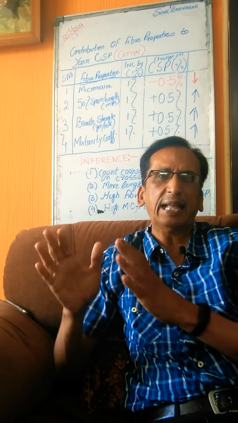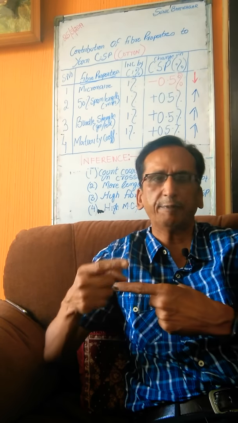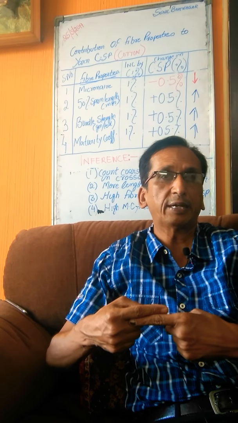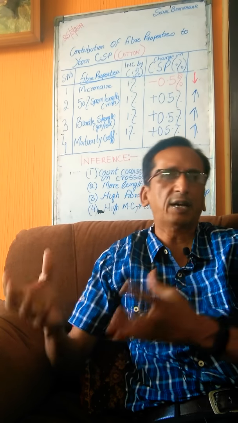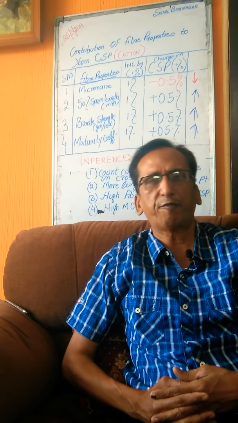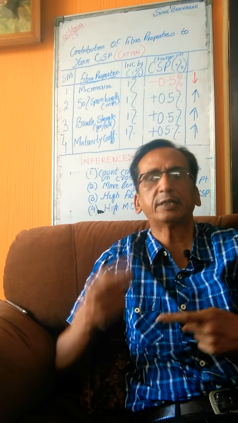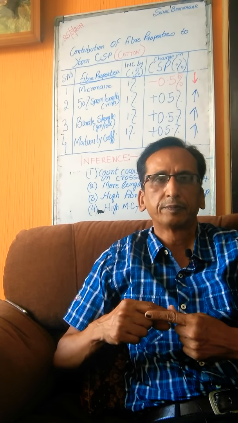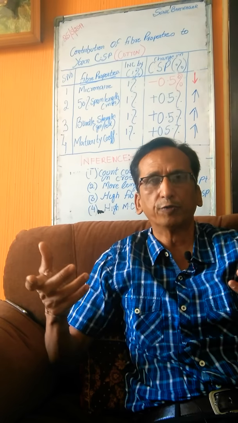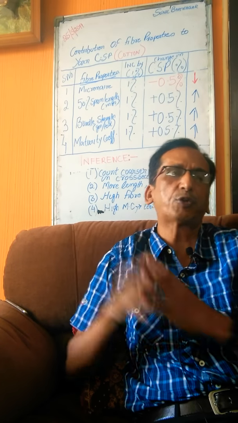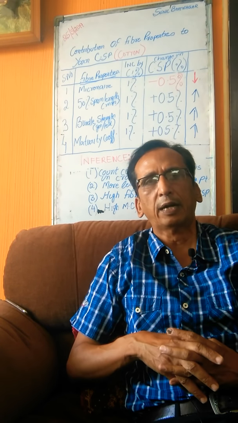Now when we say that length improves by 1%, that means there are more contact points, more gripping points, so the strength of the yarn improves by 0.5%. If the bundle strength increases by 1%, that means the individual fiber strength also improves, and that is going to improve the CSP.